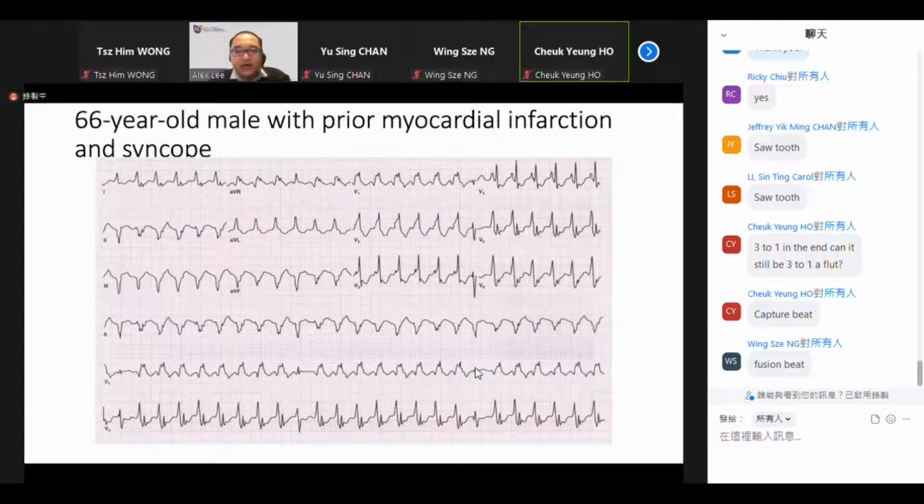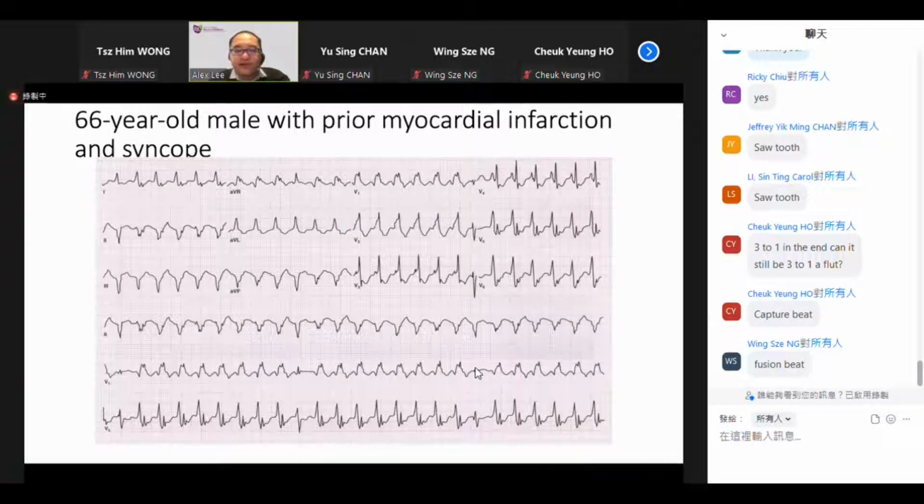It does not capture the heart, so it's kind of buried in all the wide complexes. But the sinus node is still firing. So by chance, a sinus node electrical wave can pass through the AV node during the refractory period of the ventricular focus, and then depolarize the ventricles through the His-Purkinje system.